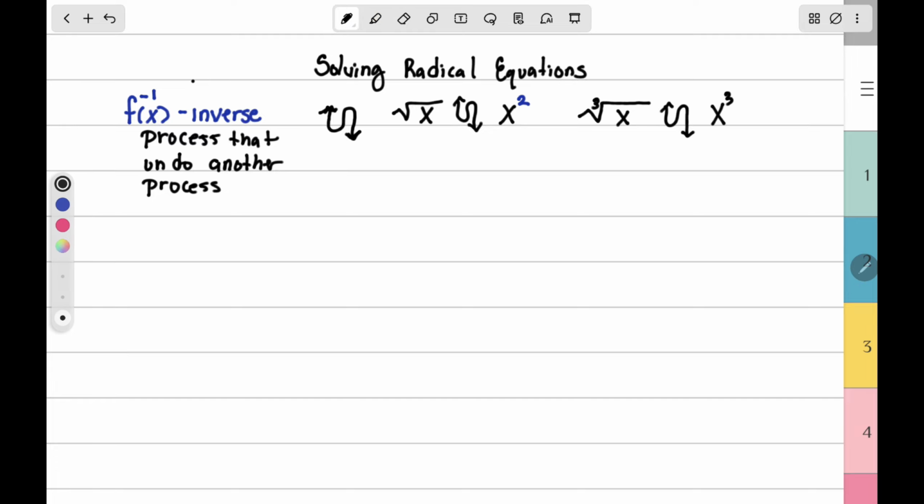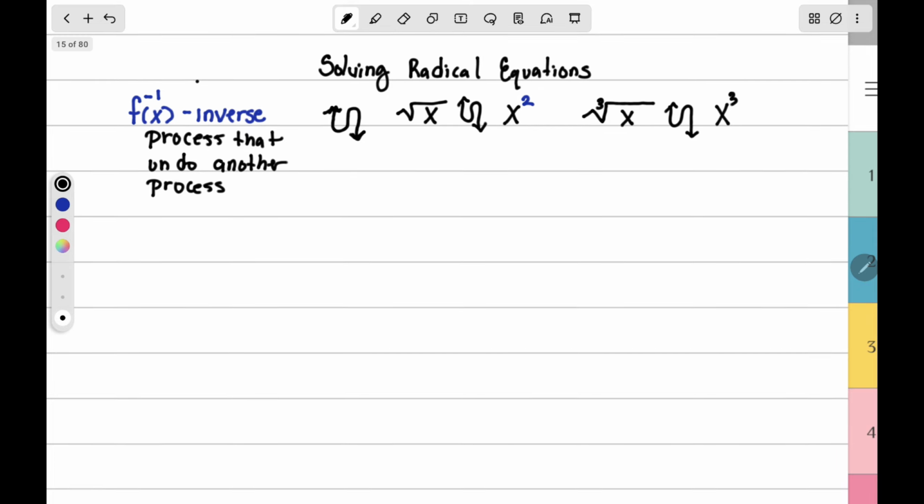Okay, so let's say you have a problem, and you got the radical of x equal, let's say, 3. And your goal is to get x by itself. Well, to get x by itself, you have to remove the what? The radical. And no, you cannot just delete it.